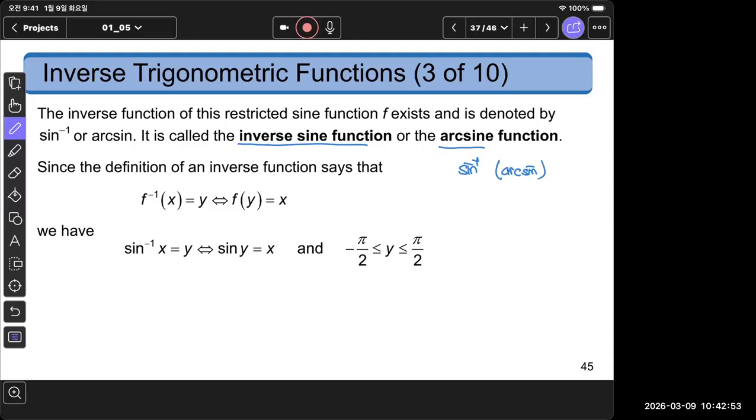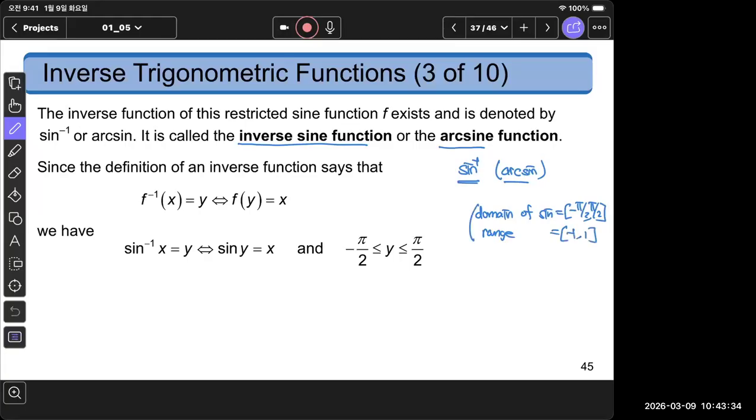So whenever I use this notation, whenever I use the concept of the inverse of the sine function, like arcsine, then we always use the restriction of the domain. In that case, the domain of the sine function will be restricted to negative half pi to half pi, so that the range of the sine function becomes from minus 1 to 1.